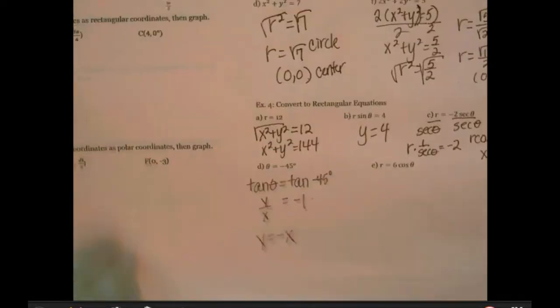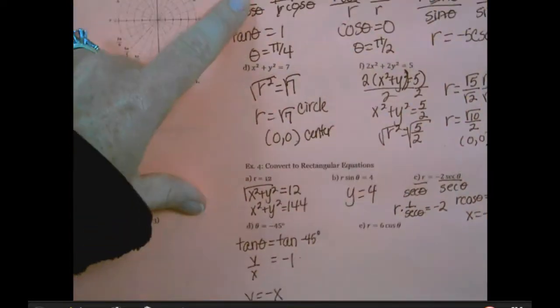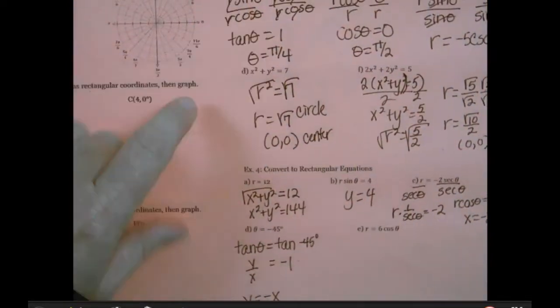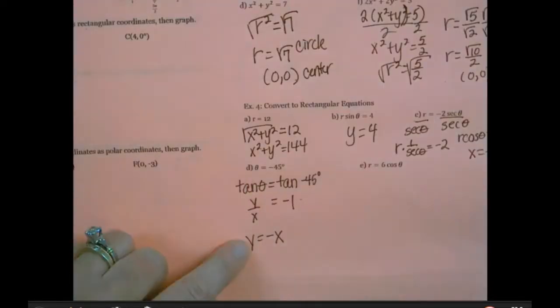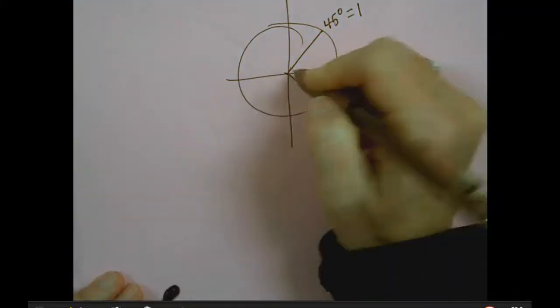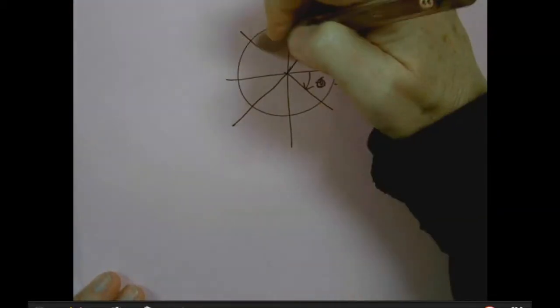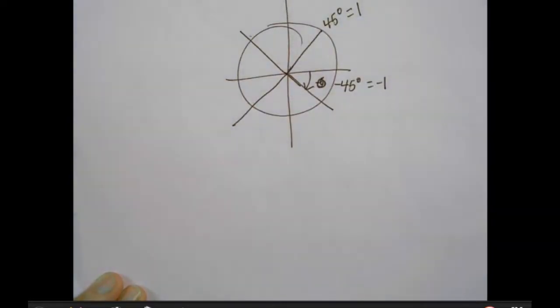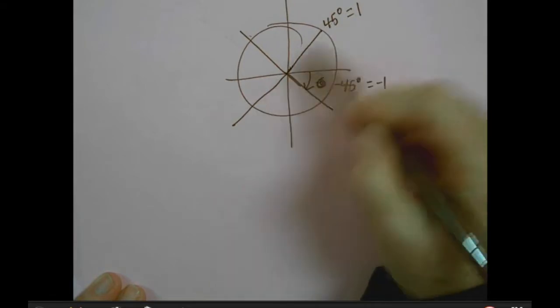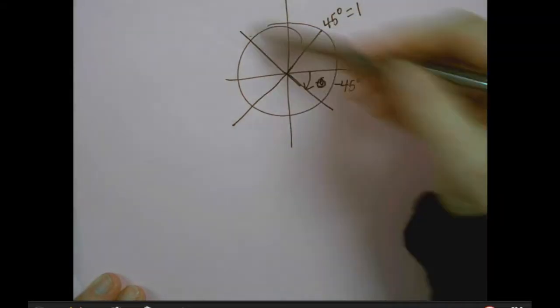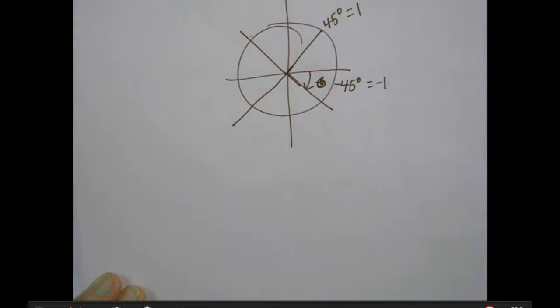Up here, when I got y equals x, what did I end up with? Theta was 45, correct? This one, when theta was -45, I got y equals -x. So if you look at my little circle, what we're really talking about is the slope of the line, right? Tangent, this slope is 1, and this slope is -1. And that's all it is.